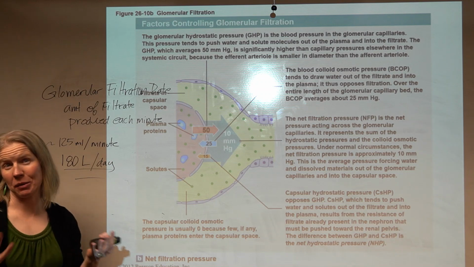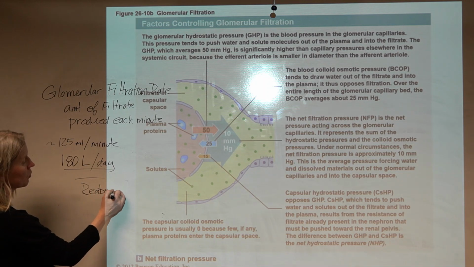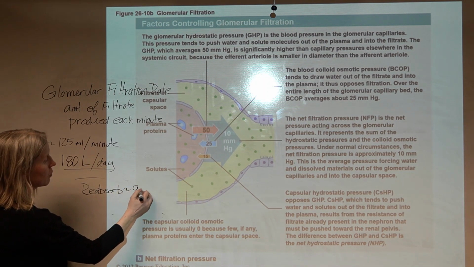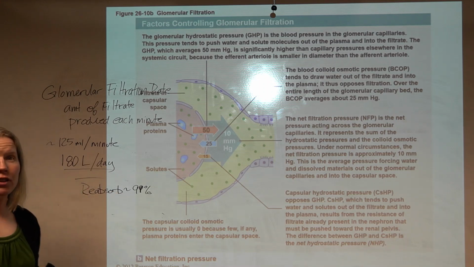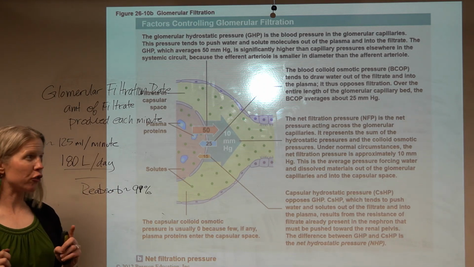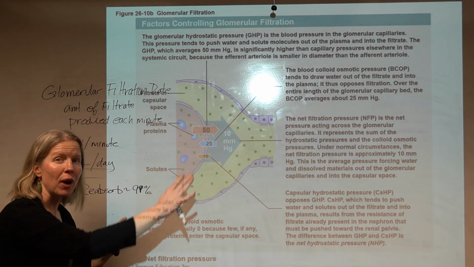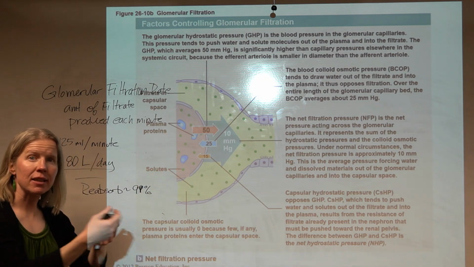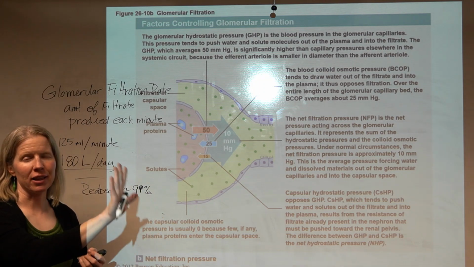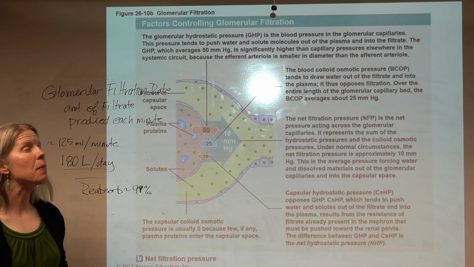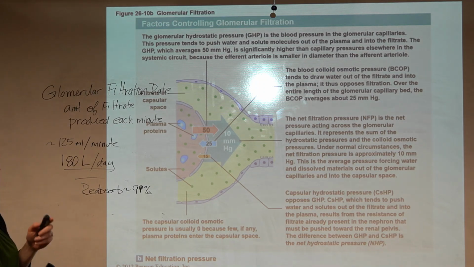We end up reabsorbing something like 99% of what we put in the filtrate. So big picture, right? Keep in mind, we're making a ton of filtrate and the rest of the nephron is gonna sit there and pick and choose what should be reabsorbed, and then if anything additional should be secreted into it for excretion, right? So filtration.